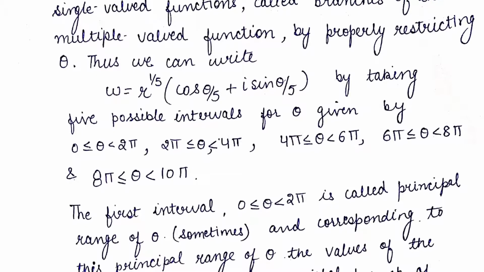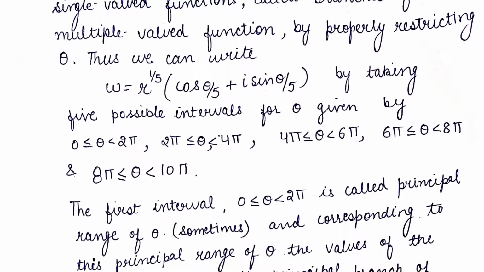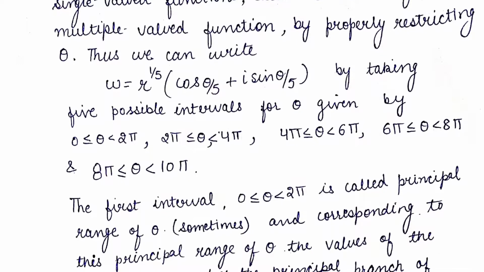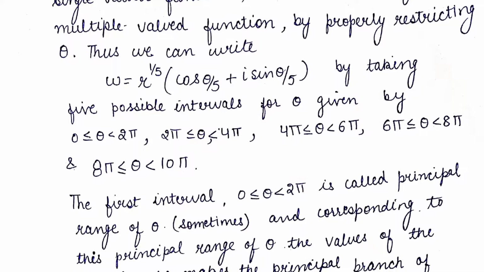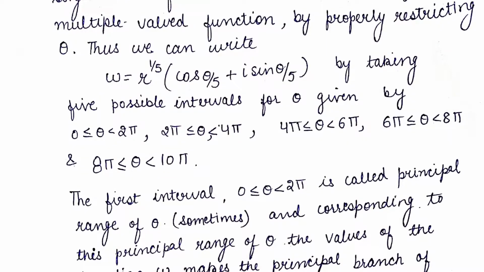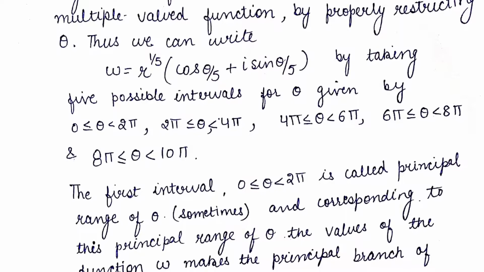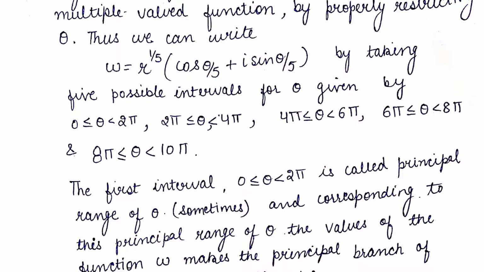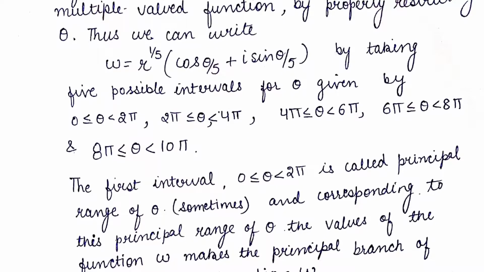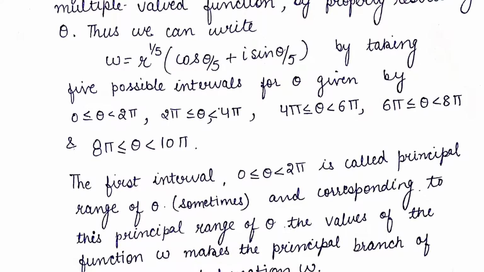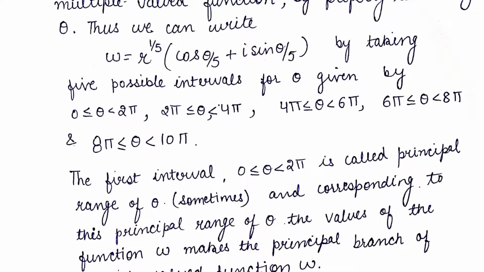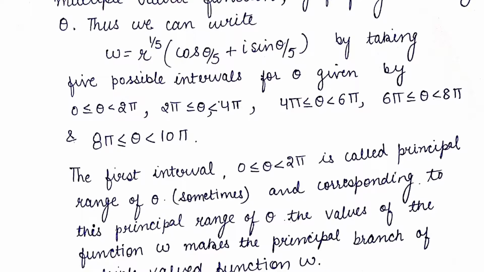First possible interval is given by theta greater than or equal to 0 and less than 2 pi. Second branch can be obtained if we restrict theta greater than or equal to 2 pi and less than 4 pi. For the third branch, we have to restrict our theta to be greater than or equal to 4 pi, less than 6 pi.